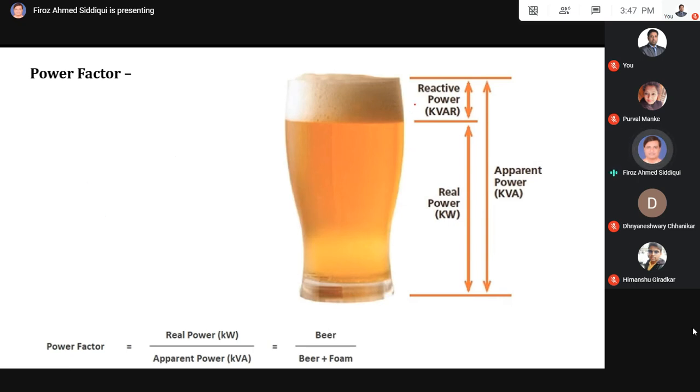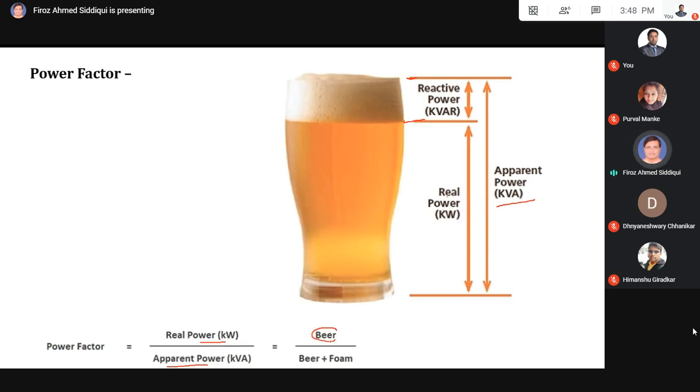If you see this glass, this is the real power, this much is the real power, and this is the reactive power, and the vector sum of these two is the apparent power, that is kVA, the power supplied from the mains. So the power factor is the real power divided by the apparent power.